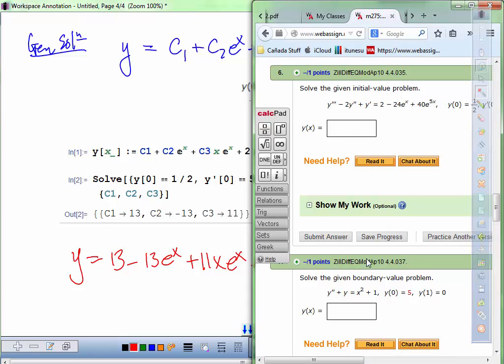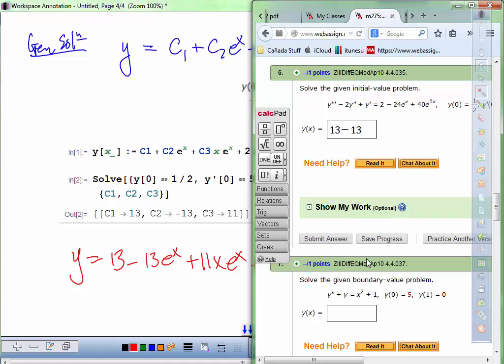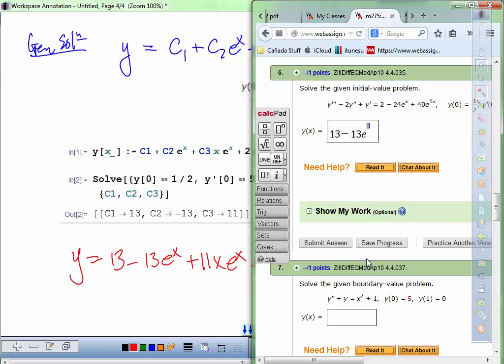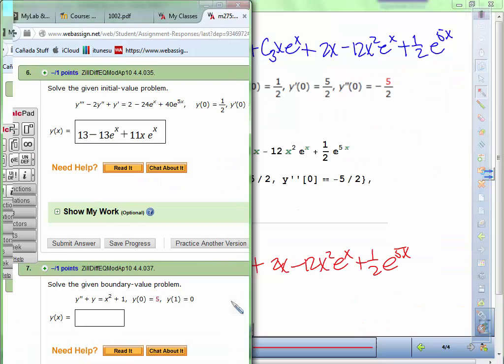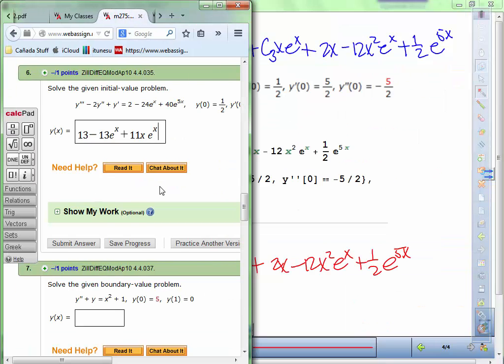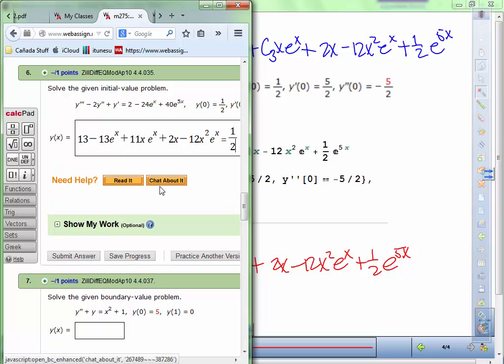So we got 13 minus 13 e to the x plus 11 x times e to the x. What was the rest? Plus 2x minus 12 x squared e to the x plus 1/2 e to the 5x.